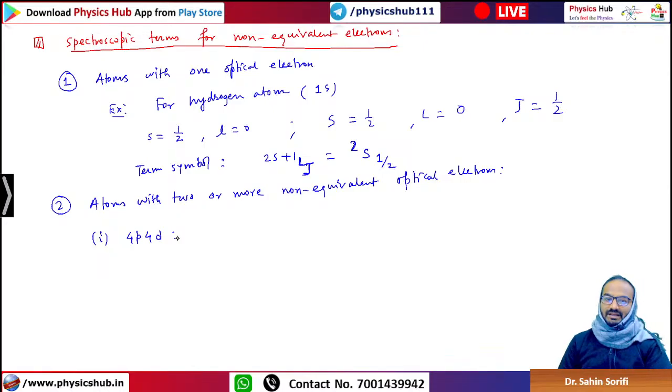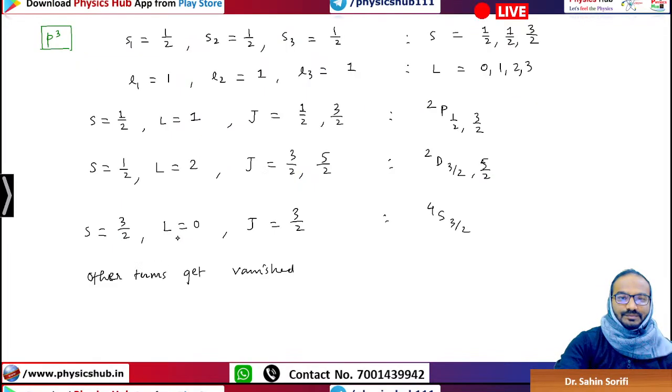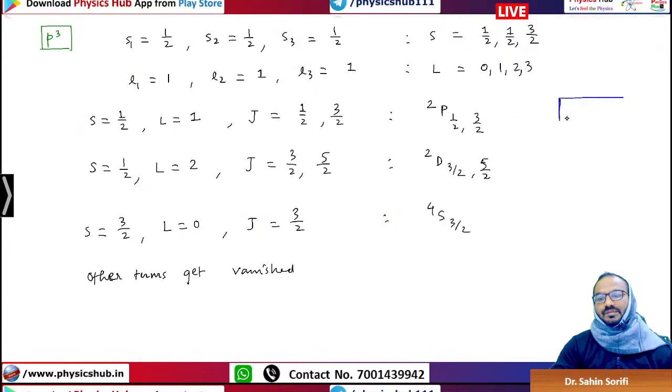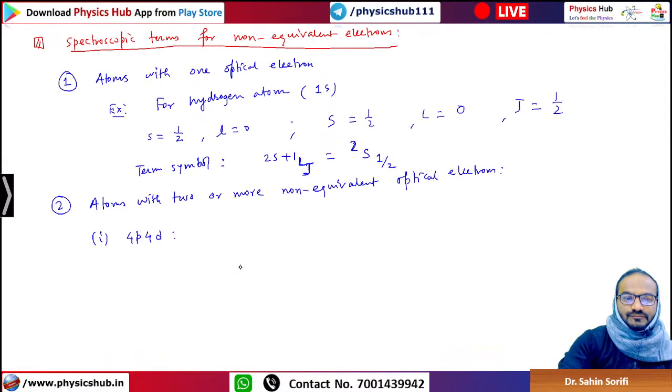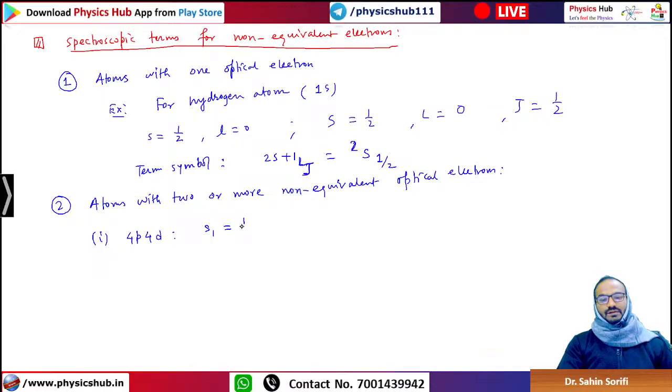The earlier case of p3 was an exception because that is a half-filled subshell, so few terms vanish. Look at 4p, 4d: for the first electron s1 is half, for the second electron again half. So we get S values 0, 1.